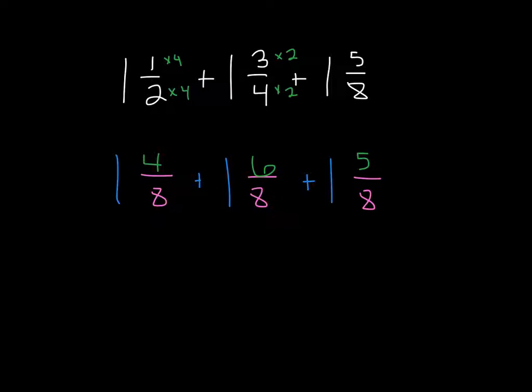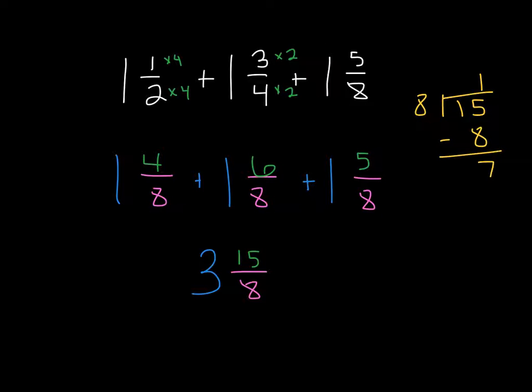So now add your whole numbers. 1 plus 1 plus 1 is 3. The numerator is 4 plus 6 is 10, plus 5 is 15, and then keep the common denominator. Now let's fix the improper fraction. 8 goes into 15 one time.